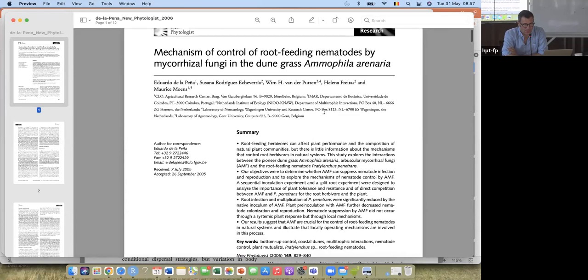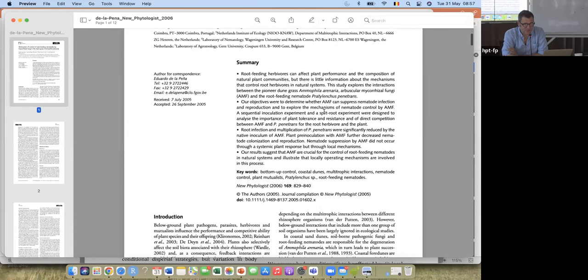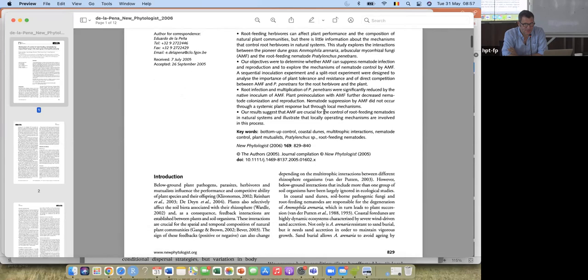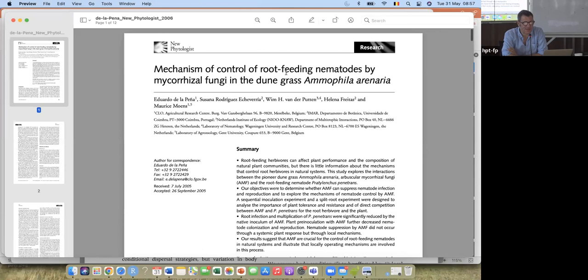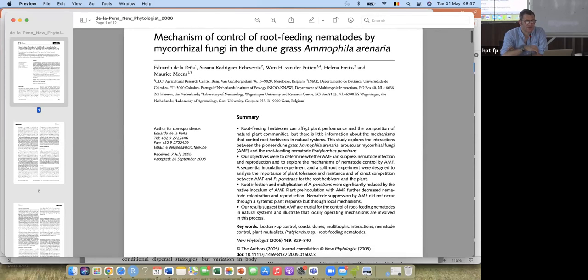So if you go to the introduction, I studied the role of mycorrhizal fungi and nematodes in the ecology of this grass. Coastal dunes are interesting, but not of so much importance. Ammophila arenaria is a European species.